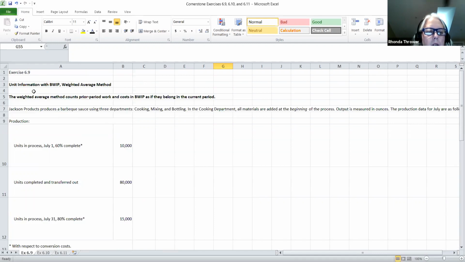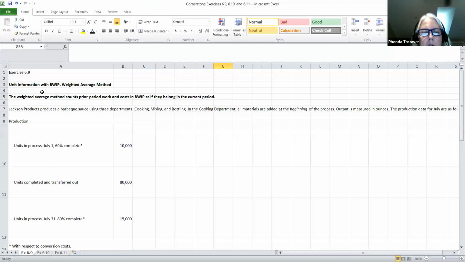And what we're going to be doing this time is preparing a cost of production report, or part of one, in this exercise. In the next exercise, we'll do the entire cost of production report.